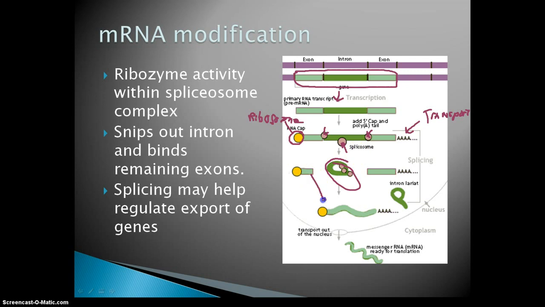Then these two exons have been combined to create what is right here, our mRNA. So this right here is what we call mRNA. And the mRNA is then transported out of the nucleus by structures that are in the nuclear membrane. And the signal for that transport comes from the poly A tail. Okay?